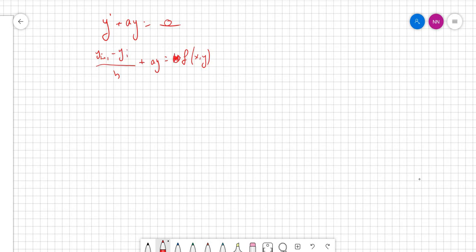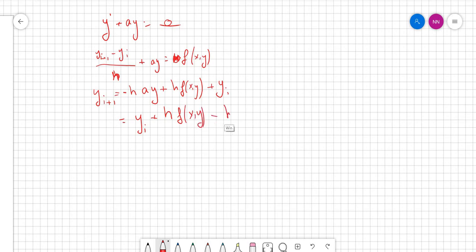Having said this, you conclude that y_{i+1} is equal to y_i plus h f of x, y, minus h a y.